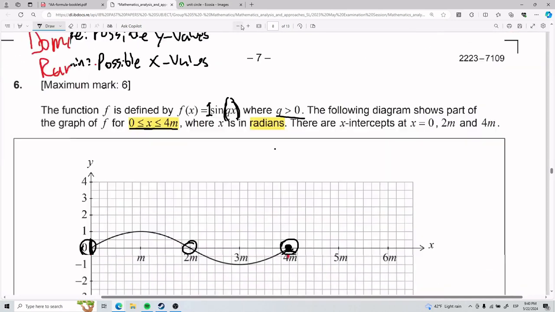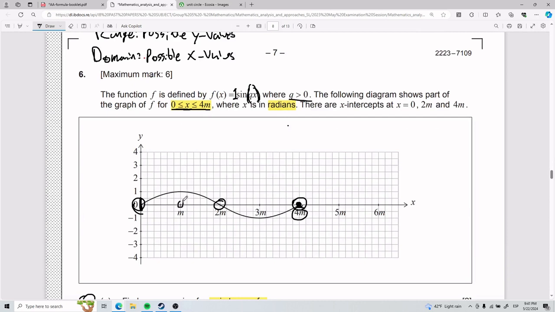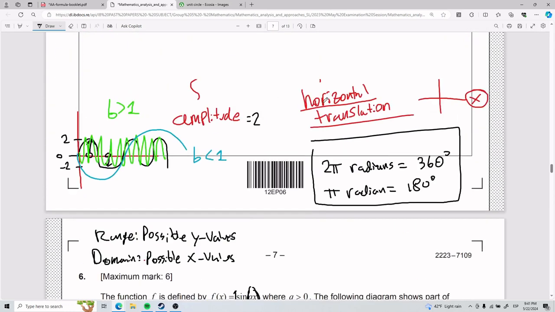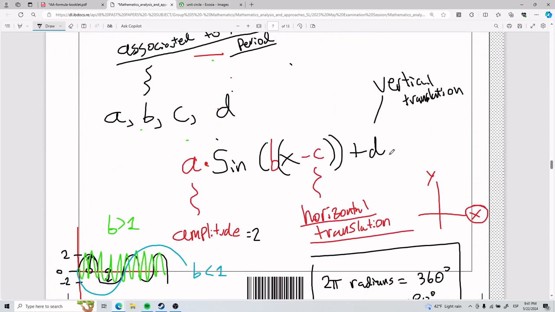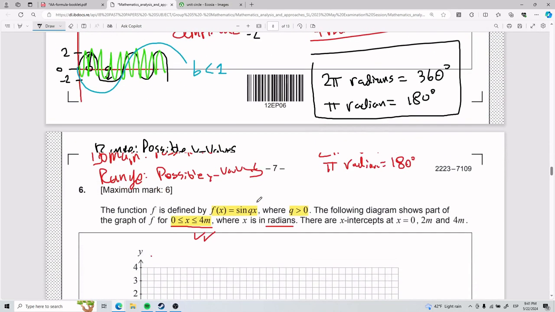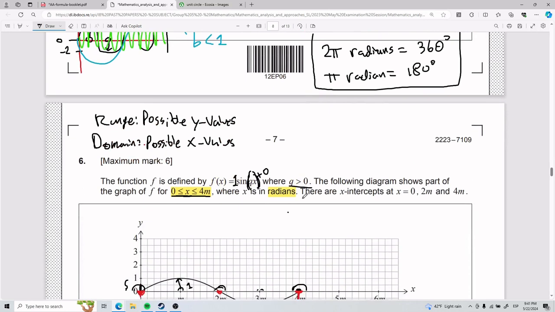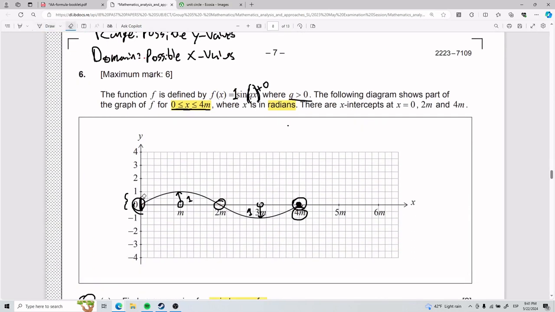And so your amplitude is equal to 1, which is why from here to here, the distance is 1. That's why the distance from here to here is 1. And the vertical translation, the plus d on the outside, well, here I have a plus 0, right? Which makes sense because if you look at the line that cuts through your sine, it's actually at y equals 0.